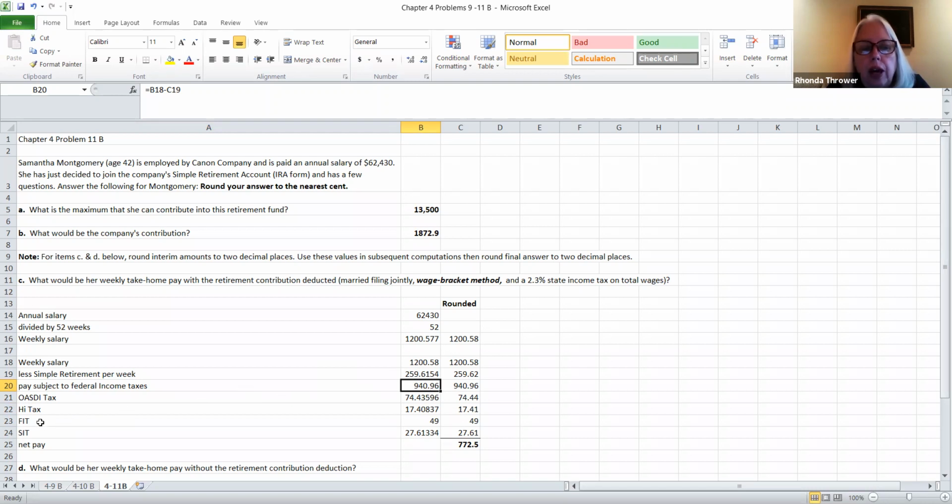Now, for your federal income tax, you're going to have to look up the amount using the wage bracket method. They told you to do that in Cengage. I don't think I copied it down here, but they're telling you that in the problem in Cengage. So make sure you read your problem in Cengage carefully. This $940.96 is subject to federal income tax.